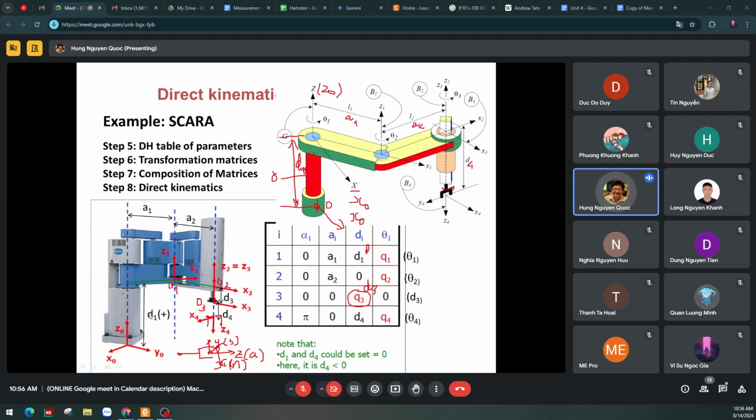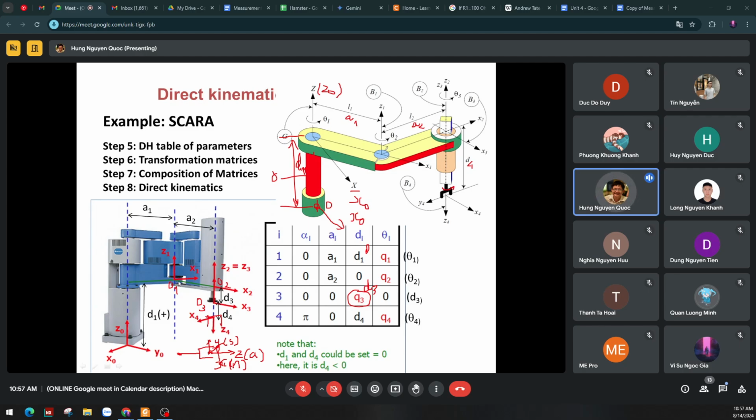Okay. So D1, the distance between O1 and O0. So D1 here, the distance here, right? Project D1 to here. So D1. And D2 is this one because we choose O2 here. So O2 and O1 are coincident, so it should be 0, right? When you project here.